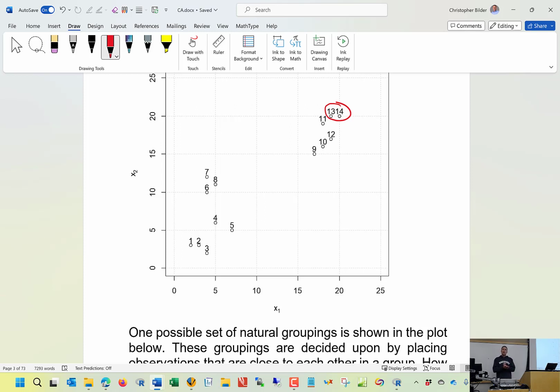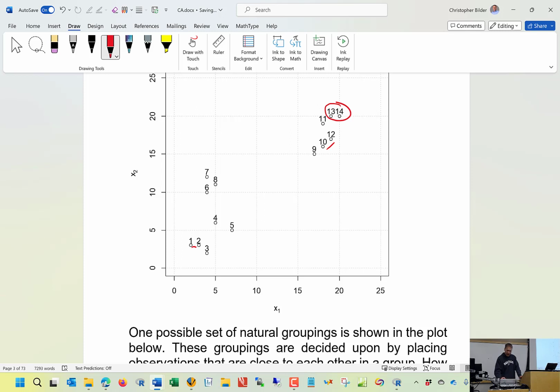Then it will say, okay, which next set of observations, or also groups, since I have now formed a group of 13 and 14, is the next closest? So we can see, well, these kind of look close to one another. Maybe these look kind of close to one another.